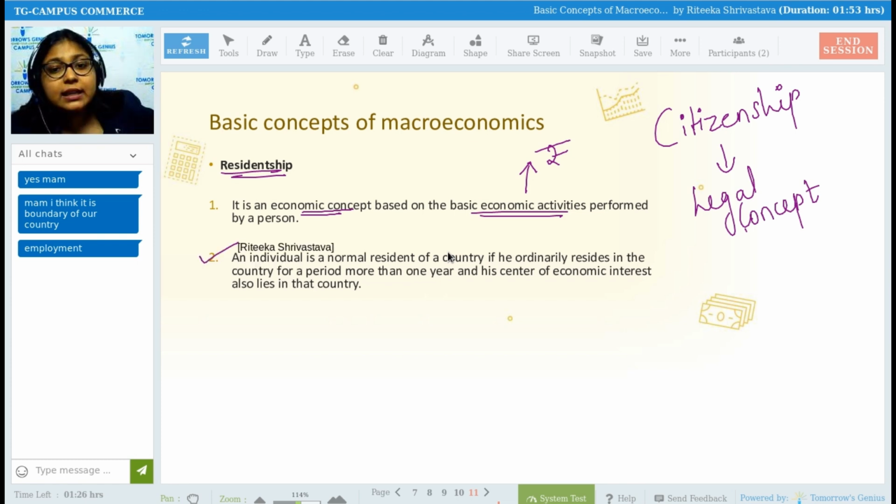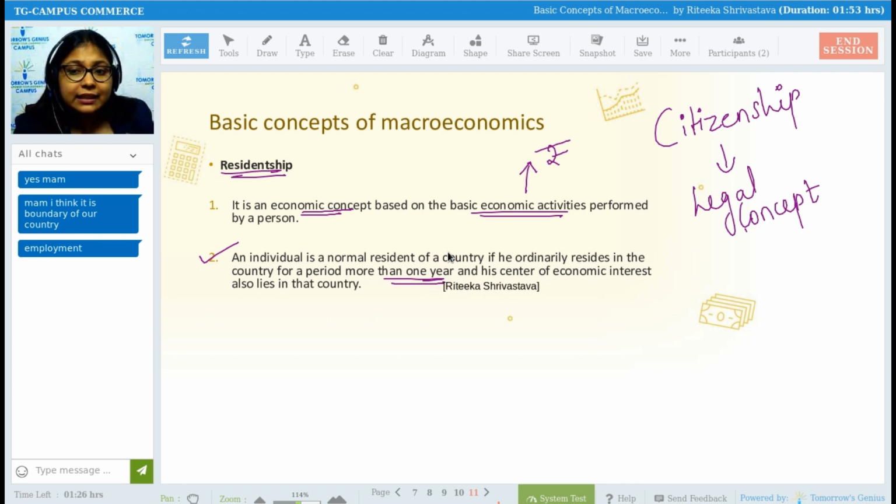An individual is a normal resident of a country if he ordinarily resides in the country for a period of more than 1 year and his center of economic interest also lies in that country. So who can be called a resident of the country?